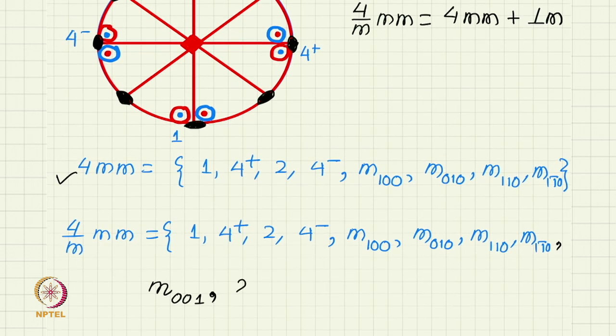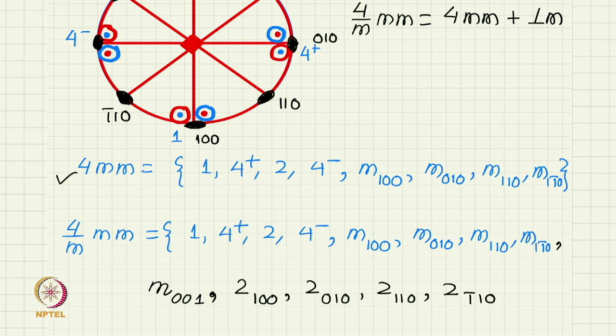So I can note them, and you can easily see that they are along the directions 1 0 0, 0 1 0, 1 1 0 and bar 1 1 0. So 2 1 0 0, 2 0 1 0, 2 1 1 0 and 2 bar 1 1 0.